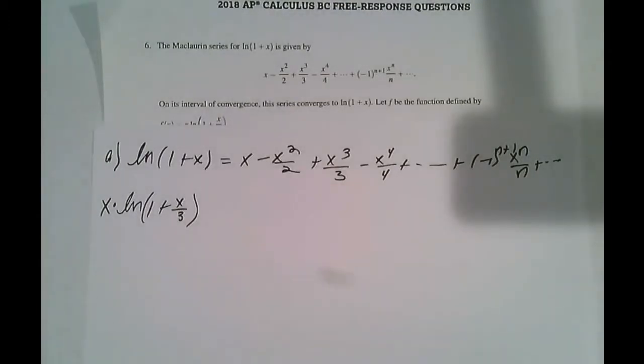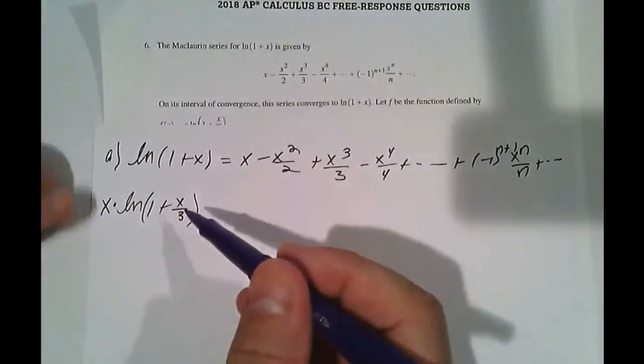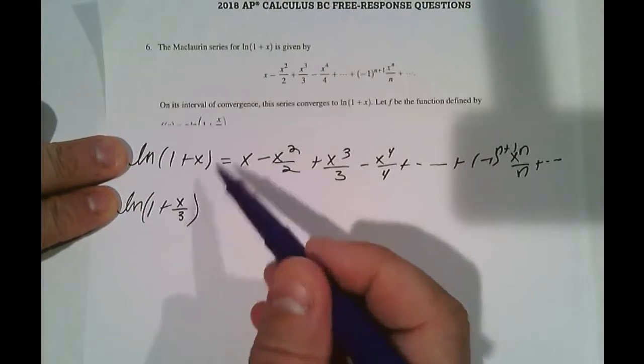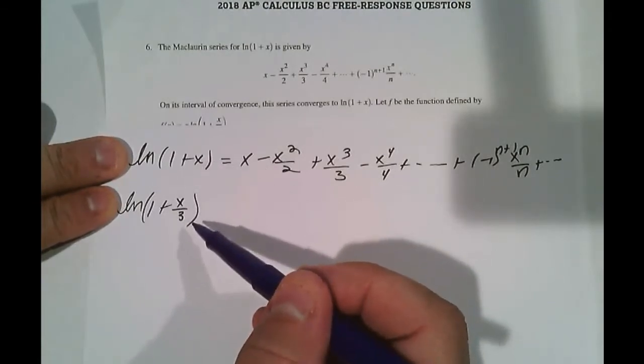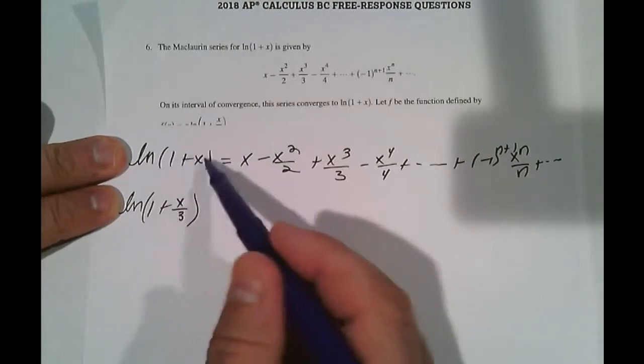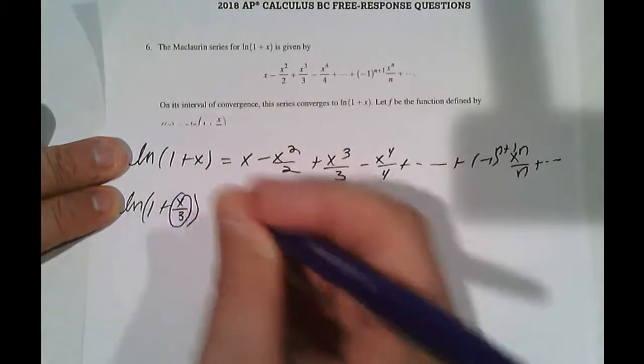So we probably have done this in class, you've seen the videos, you've worked with your calculus teacher on this. We're going to compare the given function to the function that we're trying to build. And one thing that I see is instead of natural log of 1 plus x, I have natural log of 1 plus x over 3.